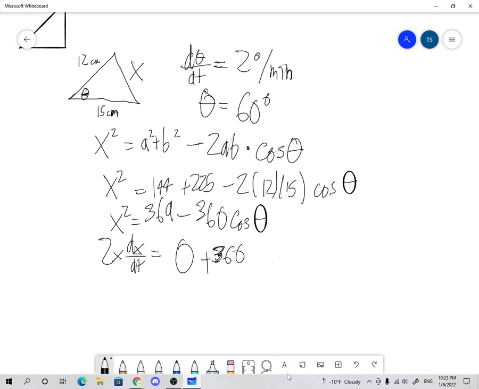So 360 sine theta. Alright, perfect. That looks fine, I guess. Oh, d theta/dt, because inside function. Alright, cool. So now we really truly get to start simplifying.